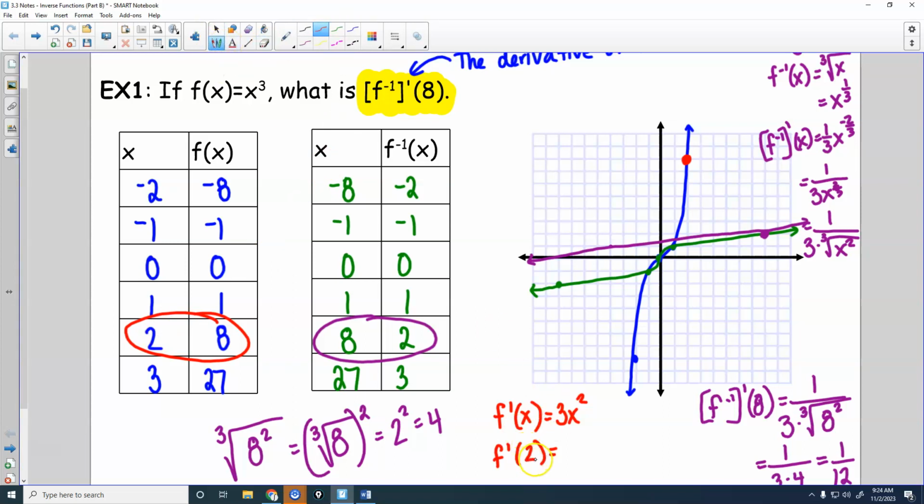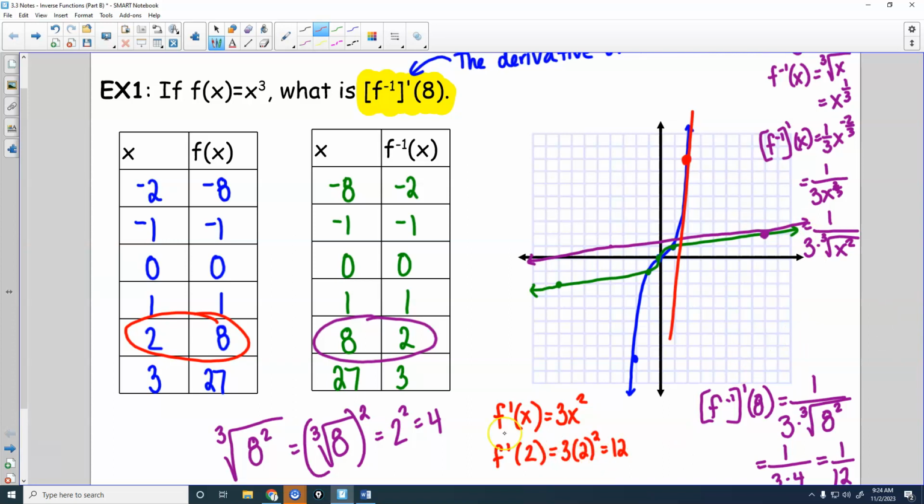So we got 3 times 2 squared. That's going to give you 12. Right? So the slope of this tangent line right here is 12, whereas on your corresponding point, your slope was 1 over 12. Is this a coincidence? I think not.